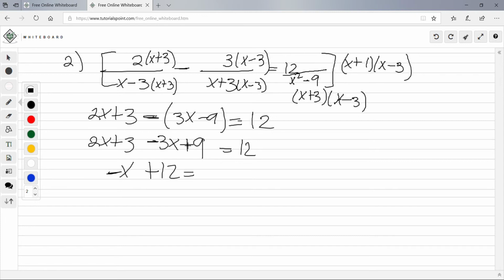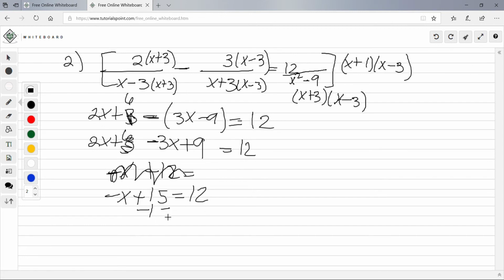I made a mistake, so it should be 2x plus 6, not 2x plus 3. So that's 3x minus 9, good. So it should be, hold on, negative x, and then 6 plus 9 is positive 15 equals 12, and then let's solve for x.